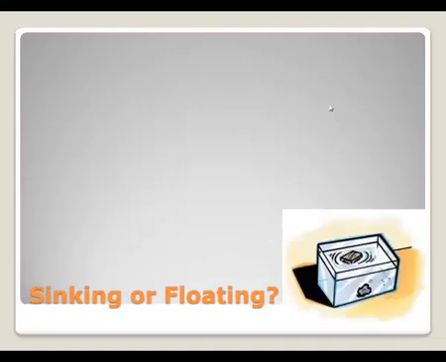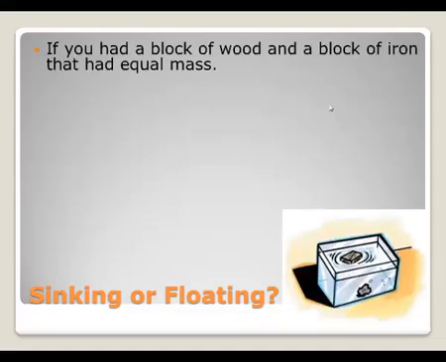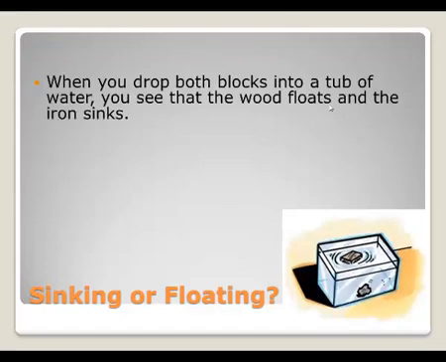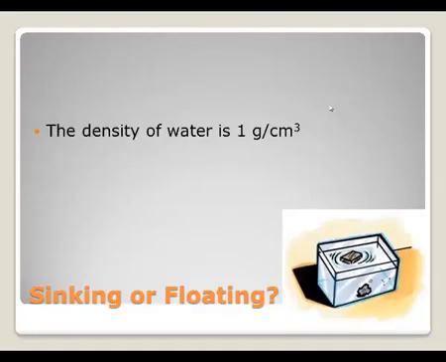This helps us to determine if an object would sink or float. So if you had a block of wood and a block of iron of equal mass, when you drop both blocks into a tub of water, you see that the wood floats and the iron sinks. The density of water is 1 gram per cubic centimeter.